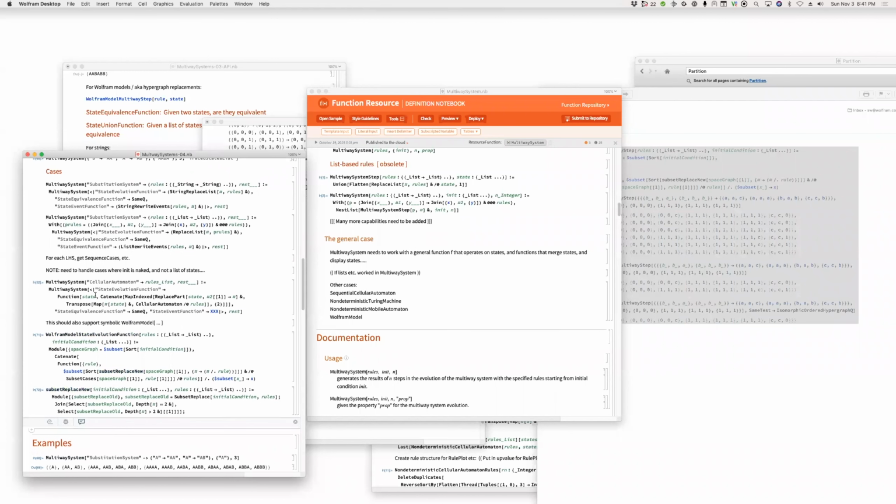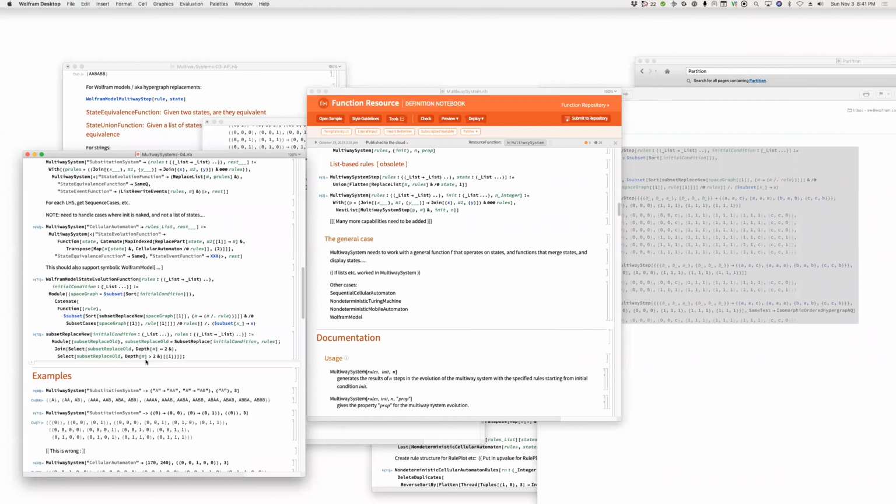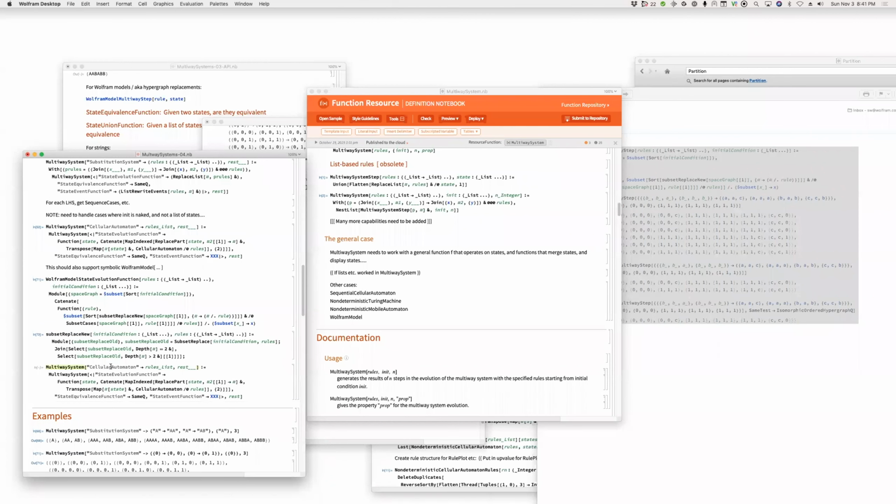Okay, drum roll here. Okay, what is the state evolution function? Well, my thing is already doing a catenate, so I think it is just Wolfram model state evolution function.